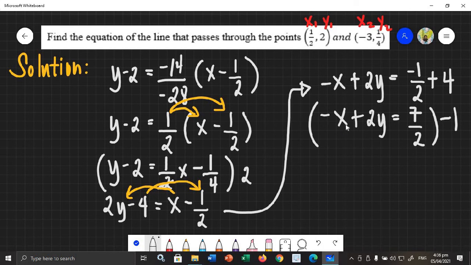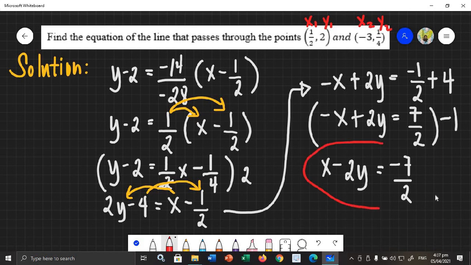And then, negative x times negative 1, of course, it will become positive x. And then, 2y times negative 1, so minus 2y, naging negative si 2y, equals 7/2 times negative 1, it will become negative 7/2. And this will now be the equation of the line. Okay, so we have x minus 2y equals negative 7 over 2.